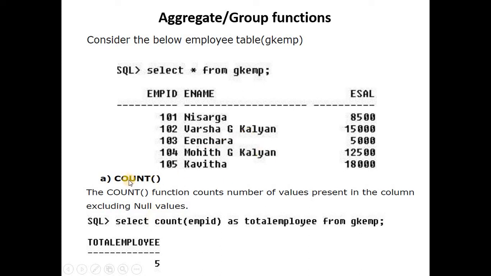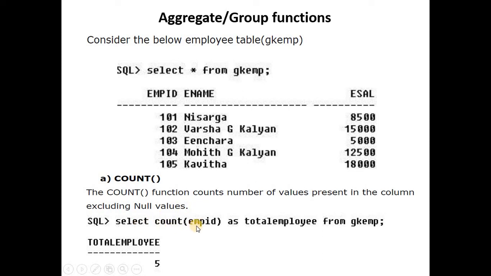We'll see this with a count function. The count function counts the number of values present in the column excluding null values. It will exclude the null values and count the remaining rows. What I want is the count of the employees. So for that, I have to use this count function.